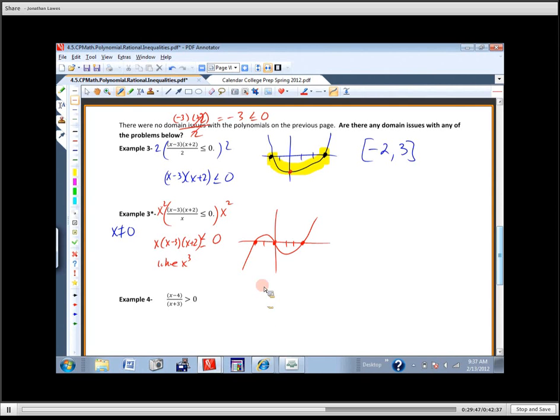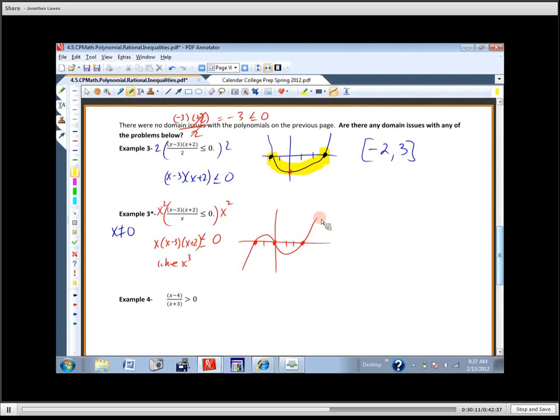Now, I've been yapping about this for about 5 minutes now, but we've now got a picture that's pretty easy to solve this. Since this says less than or equal to 0, you should know what part of the graph we're interested in here. If we say less than 0, that means below the x-axis.